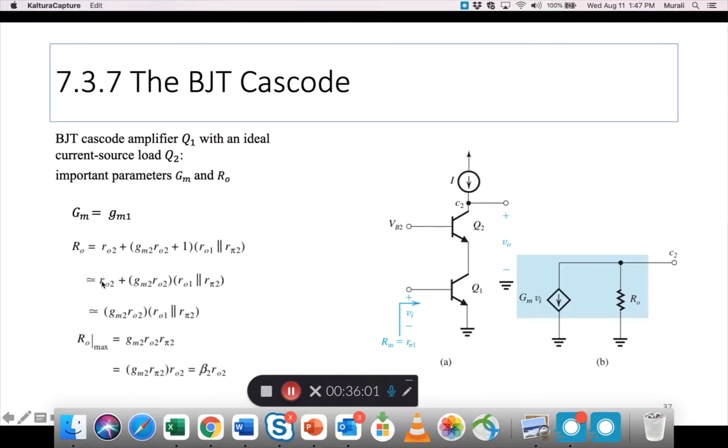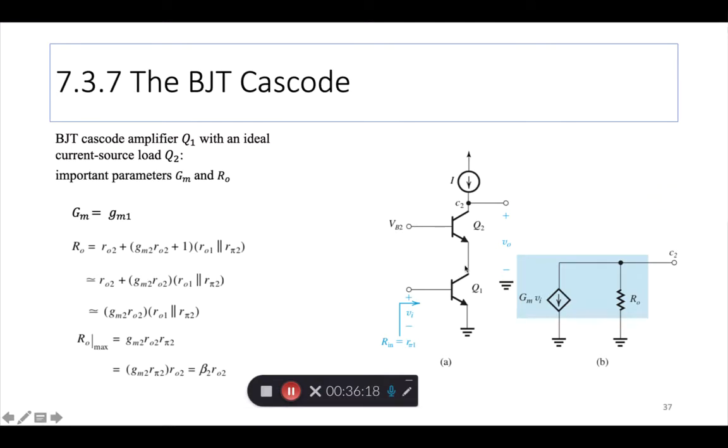Okay, so that is your basic introduction to the BJT cascode. We still haven't talked about gains, etc. So let's move on to the next slide.